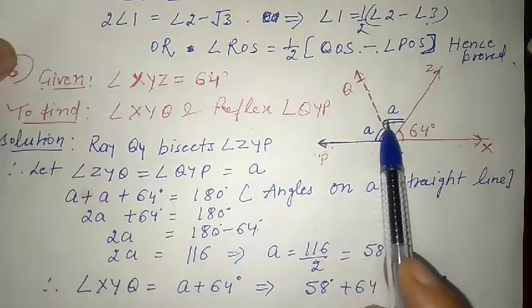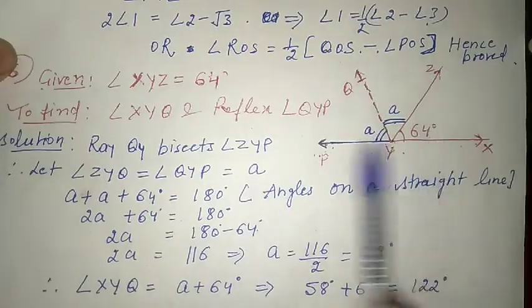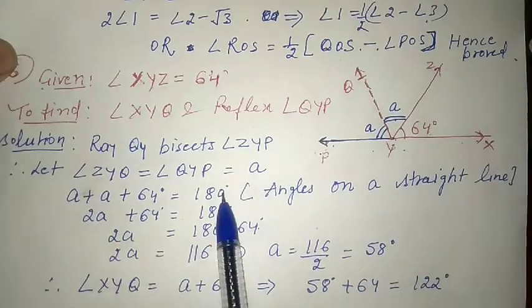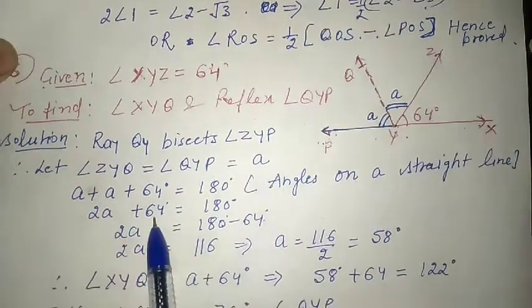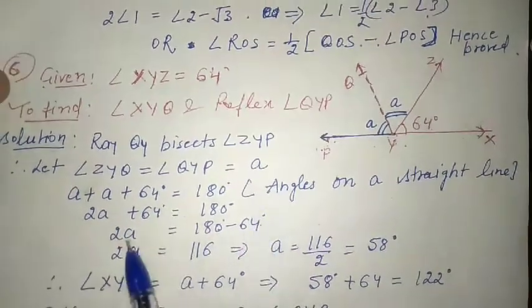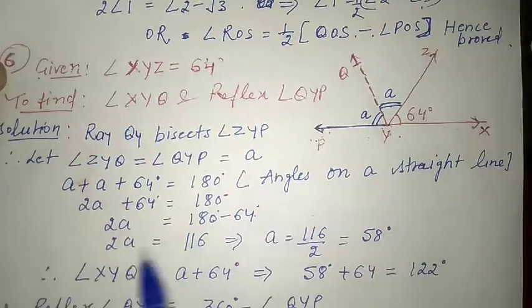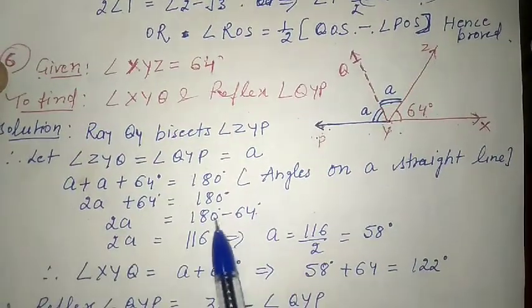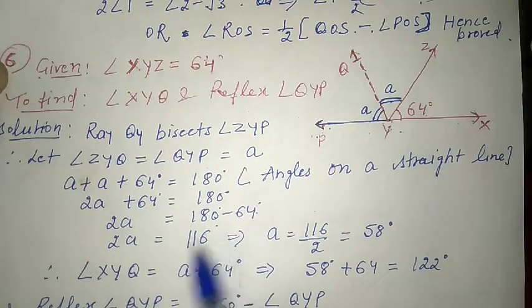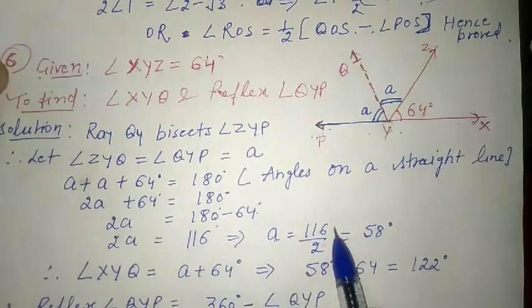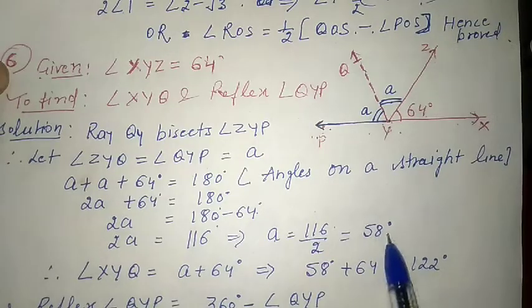So A plus A plus 64 is equal to 180 degrees, angles on a straight line. So 2A plus 64 is 180 degrees. 2A is equal to 180 minus 64, which is 116 degrees. So A is equal to 116 upon 2, that is 58 degrees.